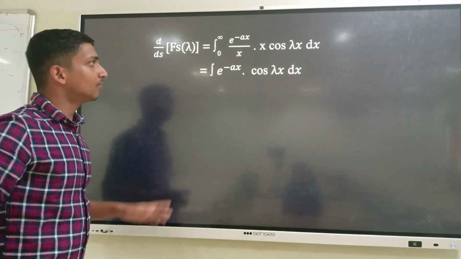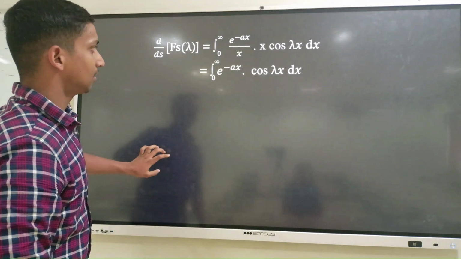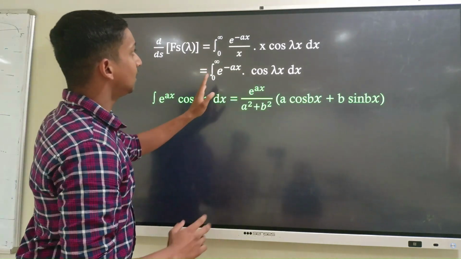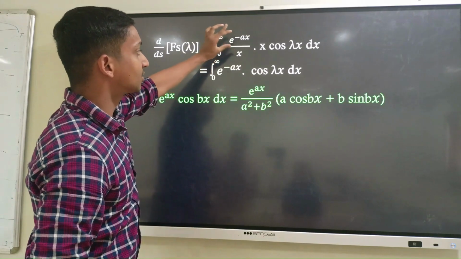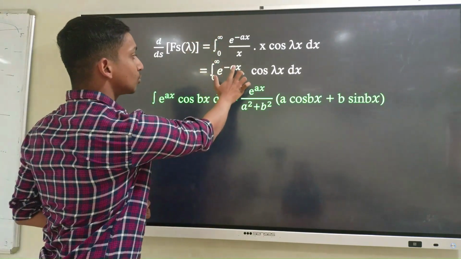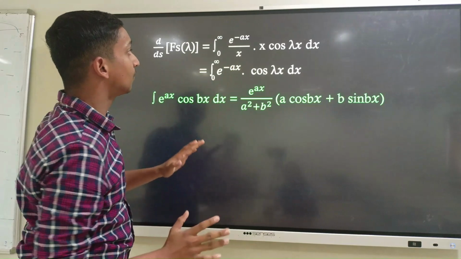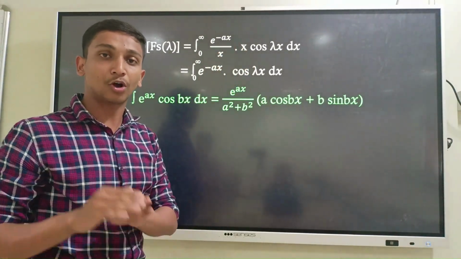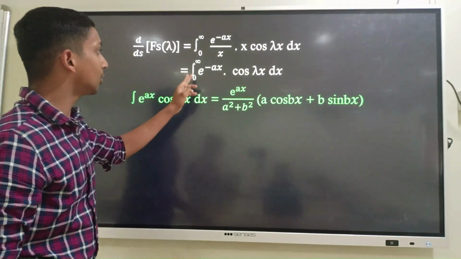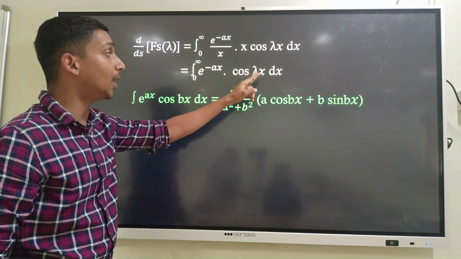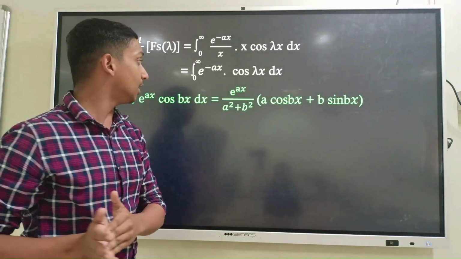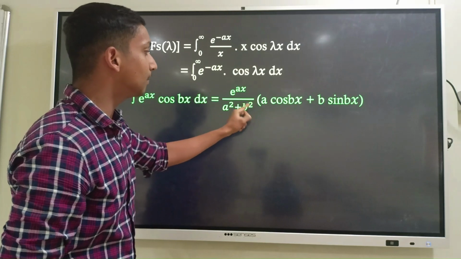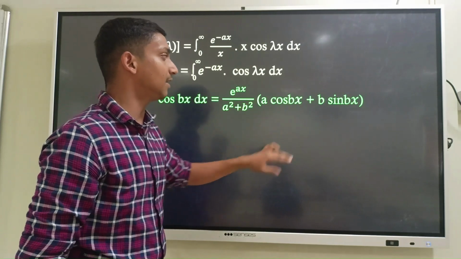Now here we can see that x and x cancel, leaving the integration outside. We know that the integral of e raised to minus a x cos lambda x is e raised to minus a x divided by a square plus lambda square, times the bracket of minus a cos lambda x plus lambda sin lambda x.